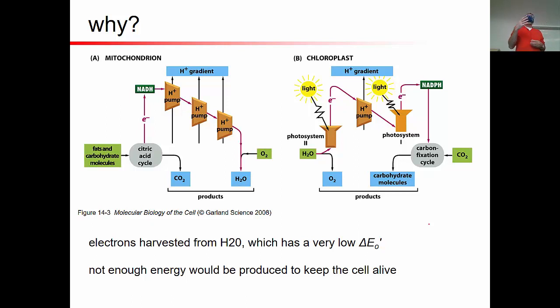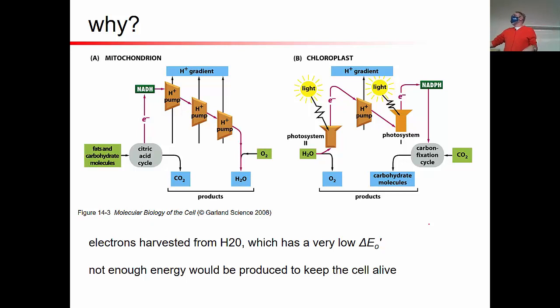When we're looking at photosynthesis in plants, those electrons, which eventually we're going to send through our electron transport chain, the electrons we harvest are actually already at the bottom. And we harvest those electrons from a molecule called water. And if we're pulling those electrons out of water, we can't put them into NADH or NADPH.